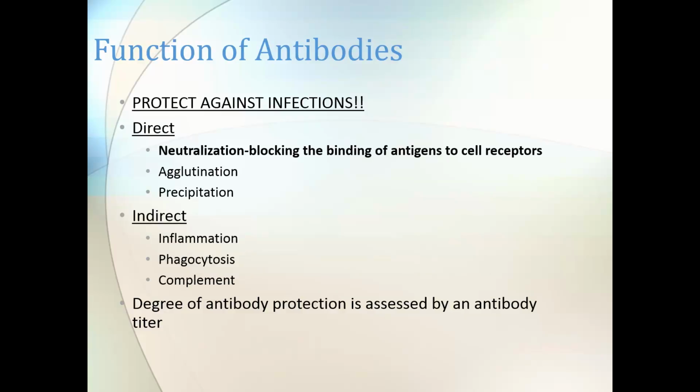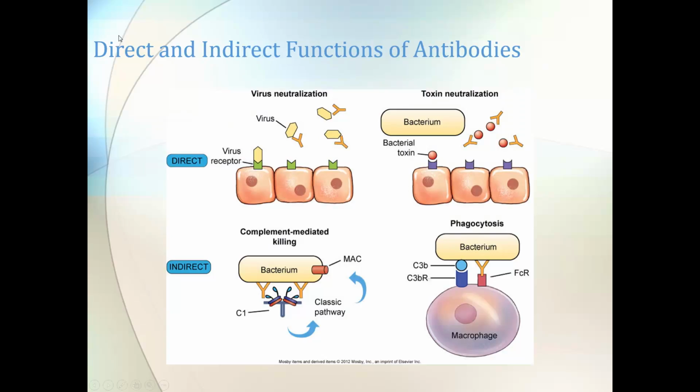Antibodies can protect, obviously, against infections either directly or indirectly. The way that they can do it directly is something called neutralization, where it literally just blocks the binding of the antigen to that particular cell receptor. And I have a picture of it in this next slide. So here you see virus, just as an example of virus neutralization. Here's the virus, and here are the antibodies, right?